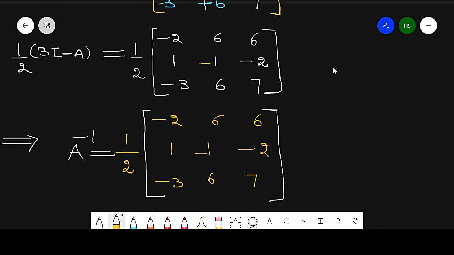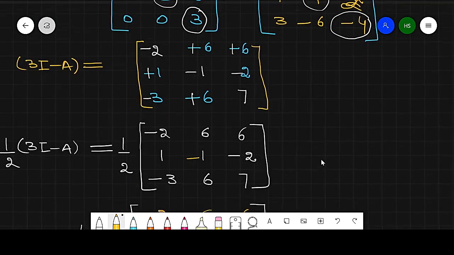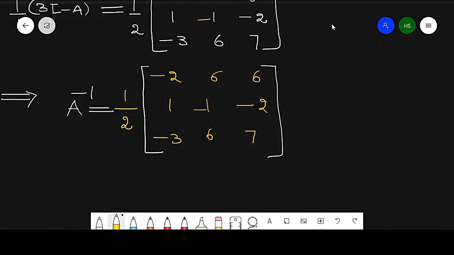Just check the values: yes, 3 minus 4, here it is minus 1. So this is the value of A inverse. In this way we can find A inverse by using the minimal polynomial.